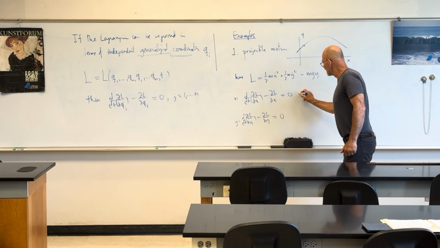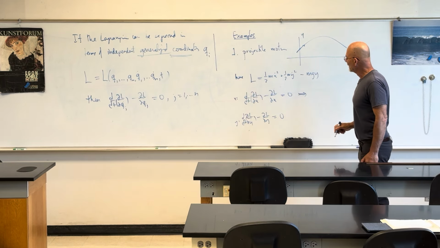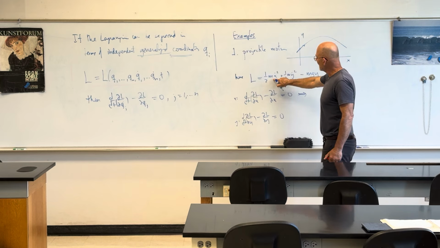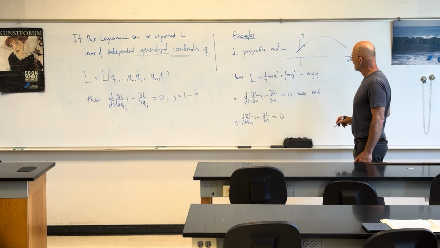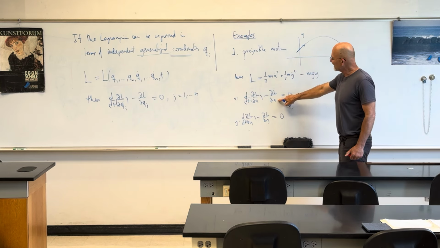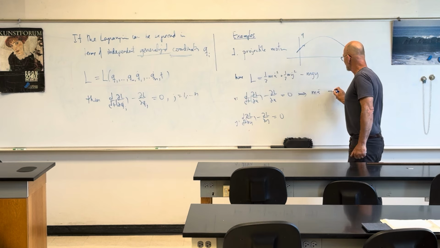And we can do these with the quickness. Partial L over partial x dot is m x dot, so we get m x double dot. There is no explicit x in here, so that equals 0.